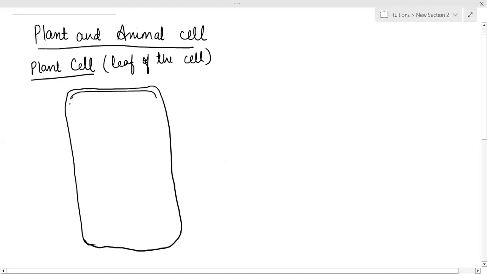The outermost layer of the plant cell is known as the cell wall. Then comes the inner one, that is the cell membrane.